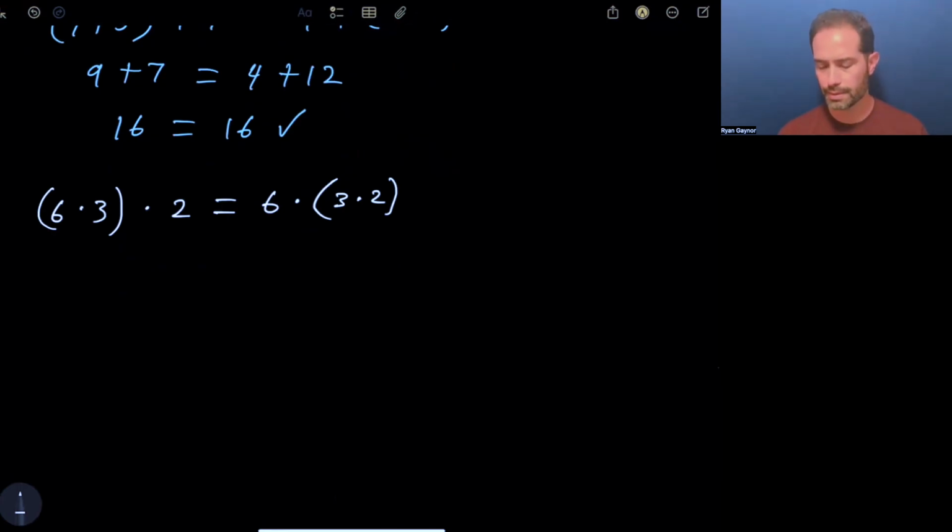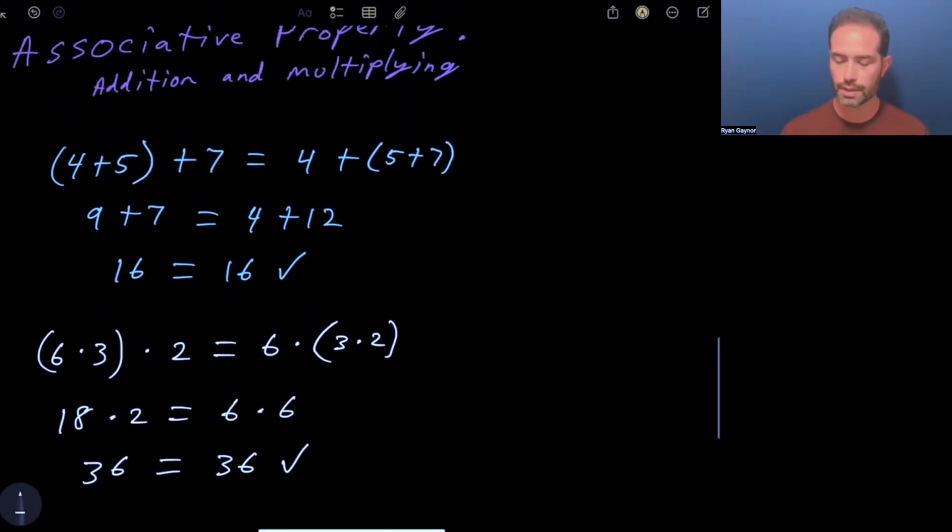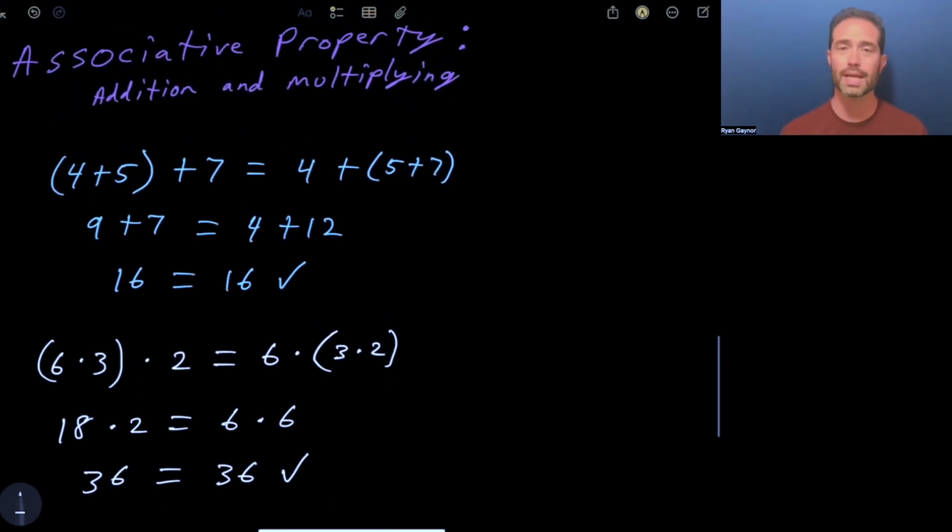So we have 6 times 3, that's 18, and then times 2. And then here we have 6 times the group 3 times 2, that's 6. So we have 18 times 2, that is 36. And then we have 6 times 6, that is also 36. So again, as you can see, for the associative property of addition and multiplying, it does not matter that the grouping changes.